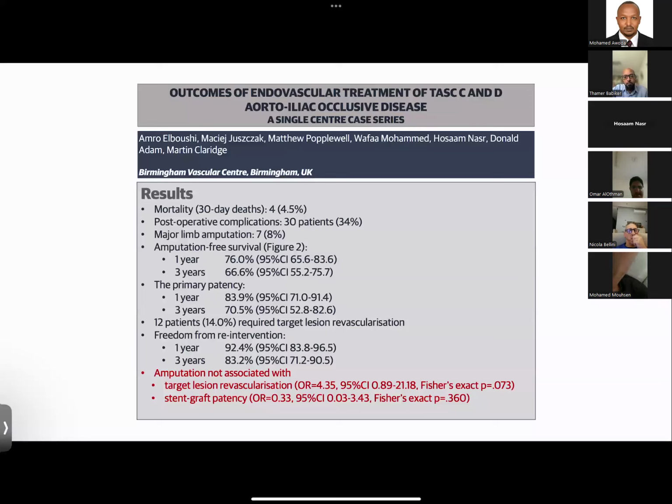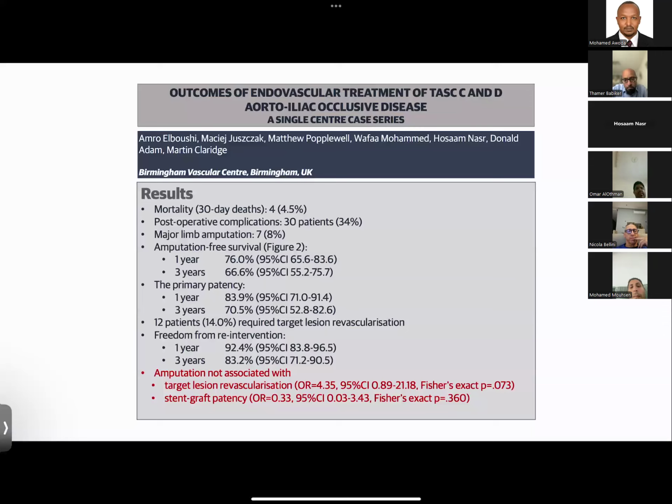We've never used CERAB, and our results are really comparable to the CERAB. But the big highlight of our study here is not whether it's better or worse or the same as CERAB, but that amputation was not associated with target vessel revascularization or stent graft patency.